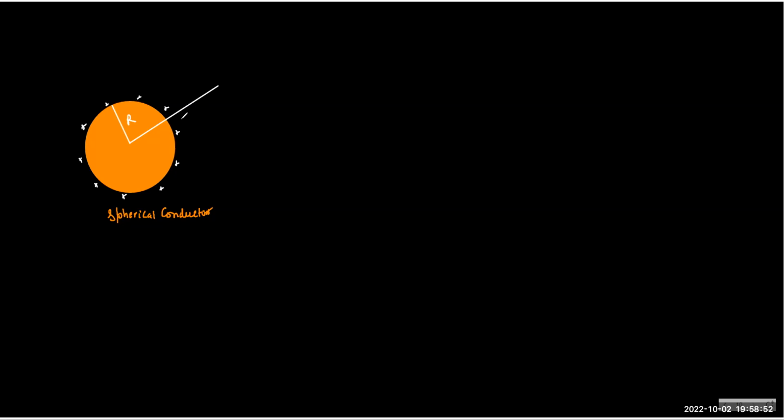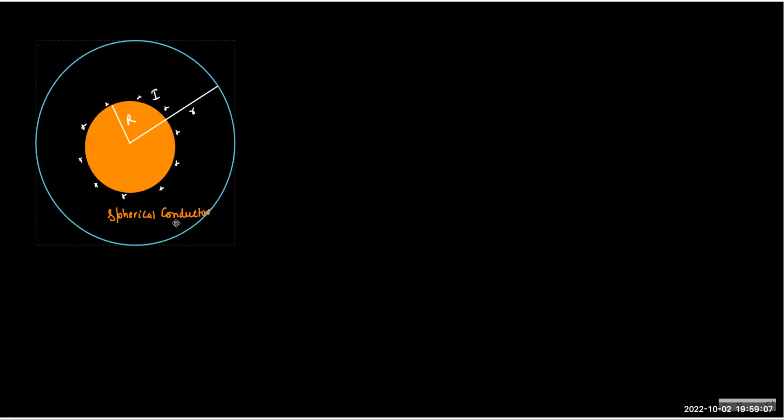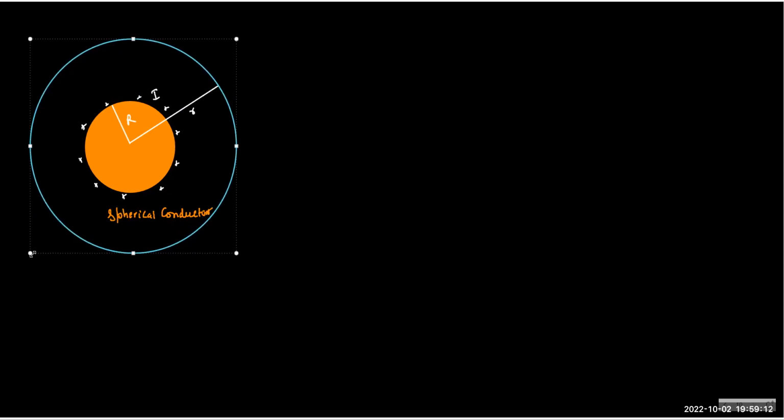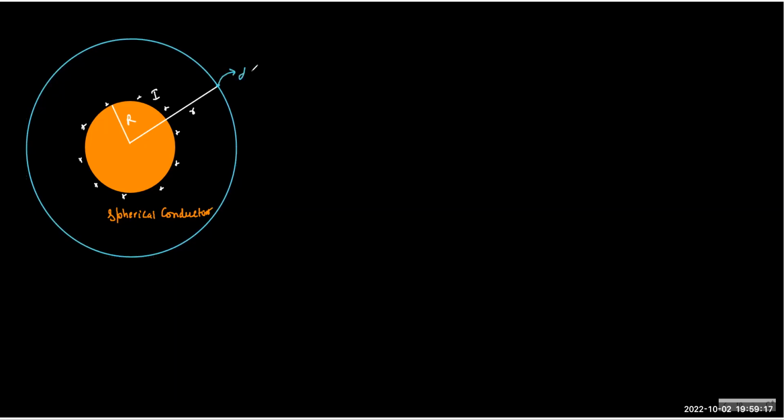At a distance R, let's say I is the current, and imagine the current is flowing radially outward. It's only a matter of imagination. If I draw a concentric sphere of radius small r, what will be the current density at this point? What is J here? J is going to be the same everywhere because it's spreading in a symmetrical fashion. So what is the current density at a distance r?